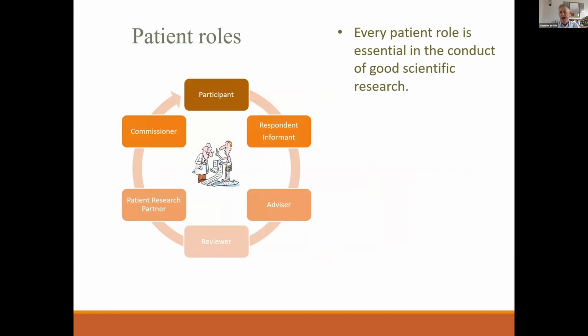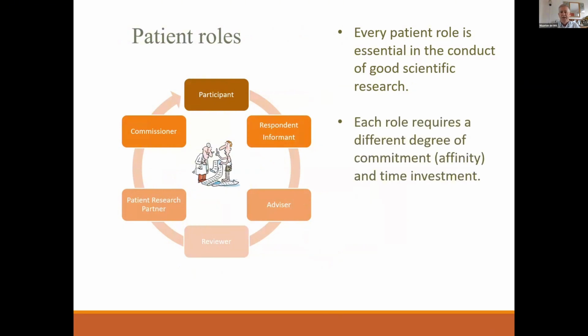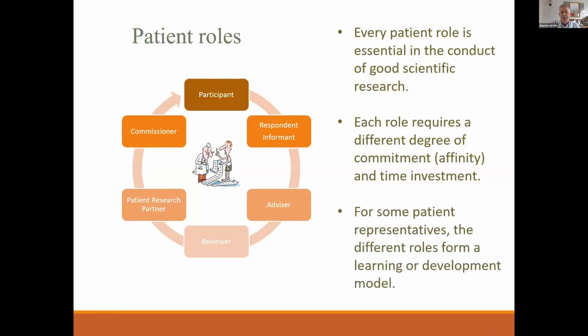So it's not that higher or further in the circle is better than being a participant or a respondent. And each role also requires a different degree of commitment and time investment. The further you come in the circle, the more time consuming the task will be.